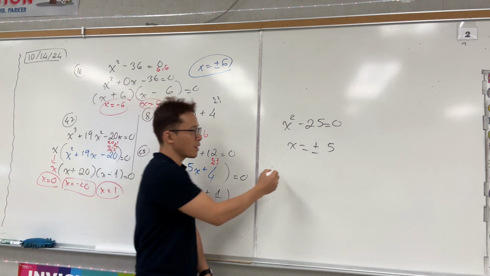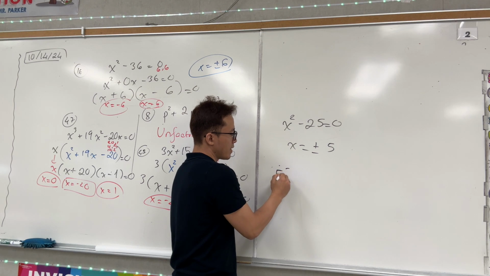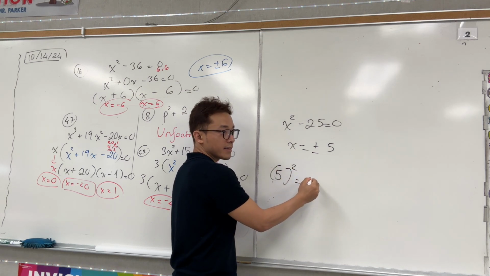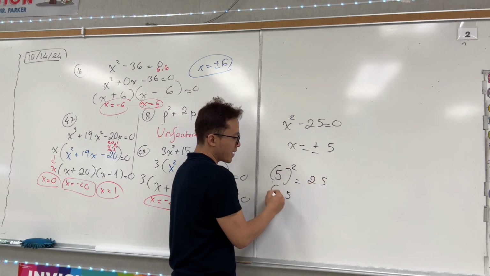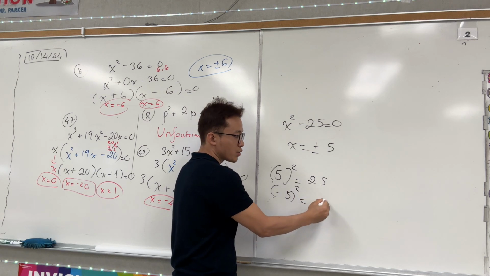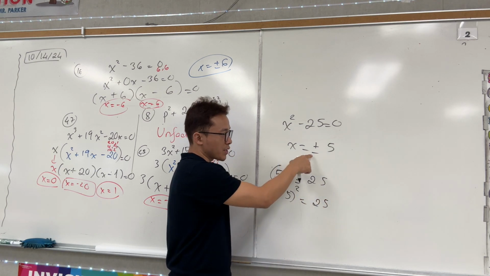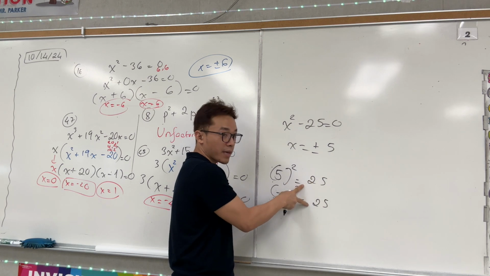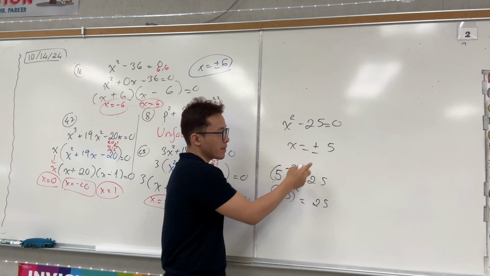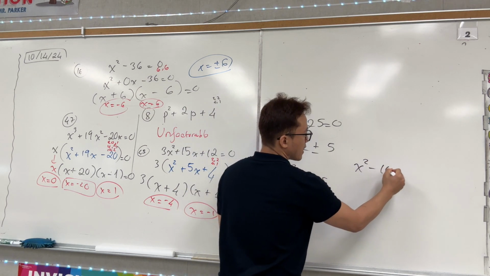Right, but what is 5 squared? 25. What is negative 5 squared? It's still 25. So that's the reason why you need to have two of them, because they both give you 25.